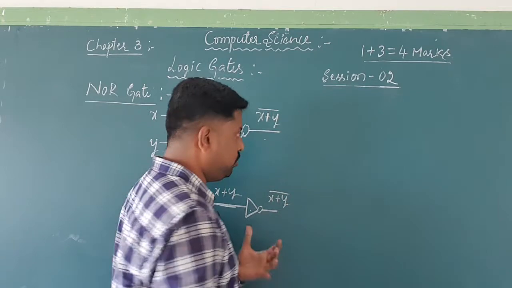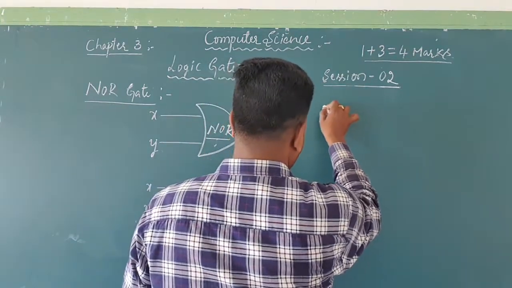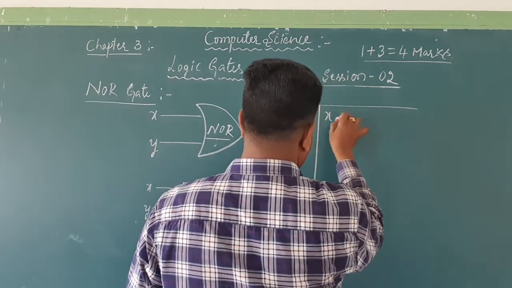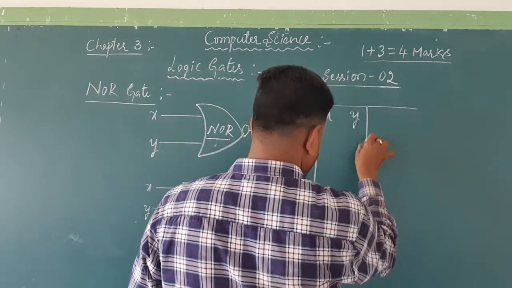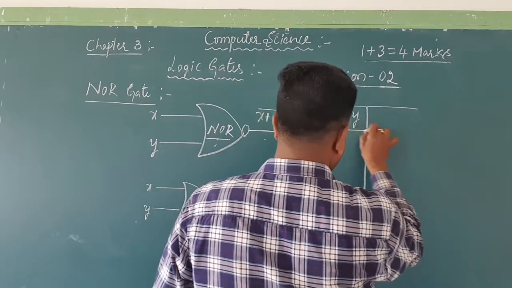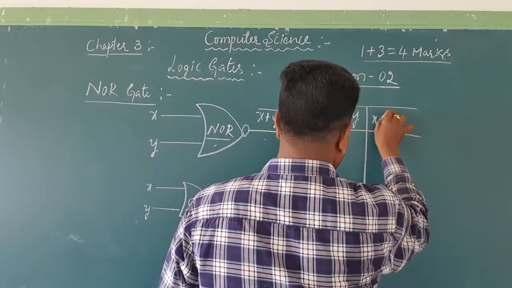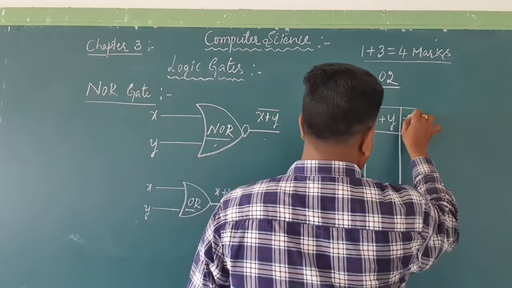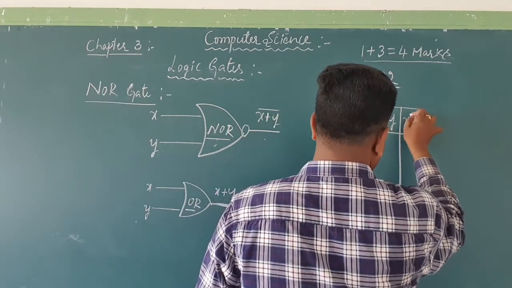Now I will write the truth table for the logical NOR gate. X and Y are the two inputs we are giving. X plus Y will be the result of the OR gate, and I will complement this result with the help of a NOT gate.